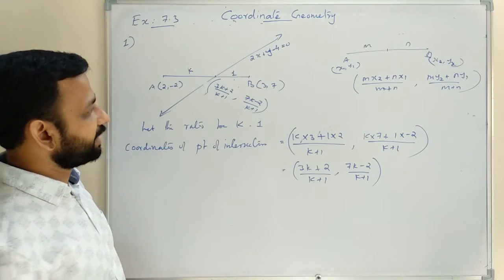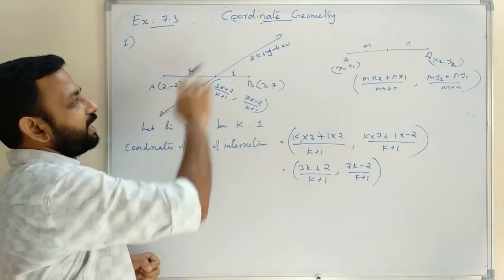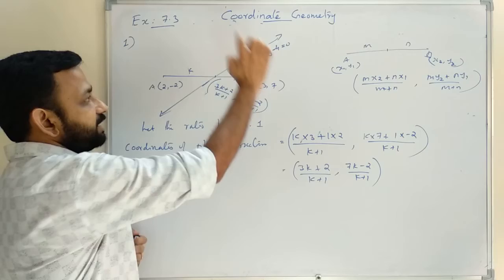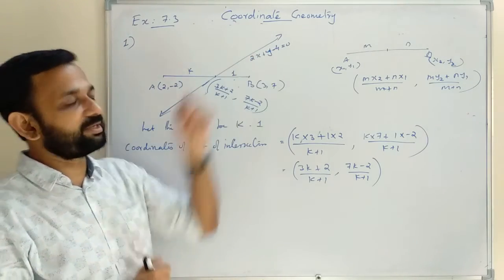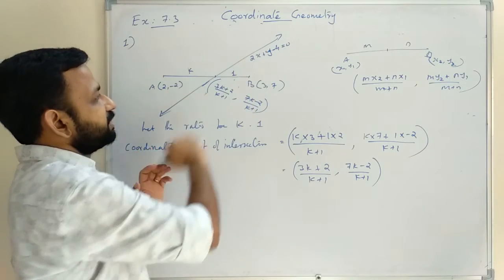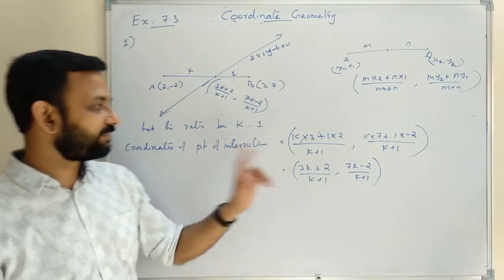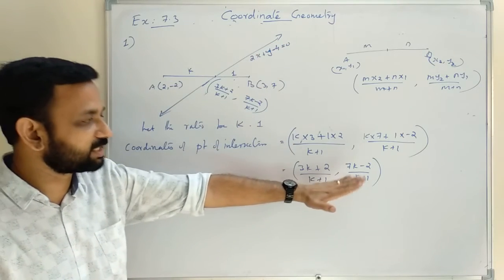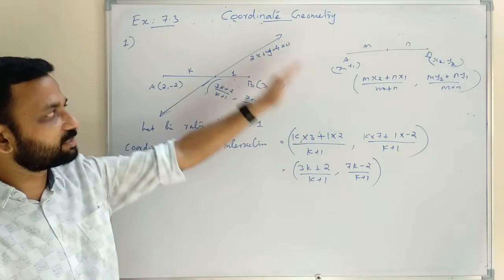In linear equations we studied that when we take any point from a line, that point is a solution of the equation, or we can say the point satisfies that equation. So if it is a solution, then it satisfies that equation.